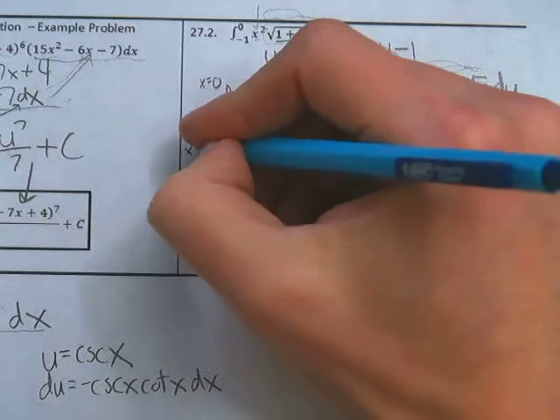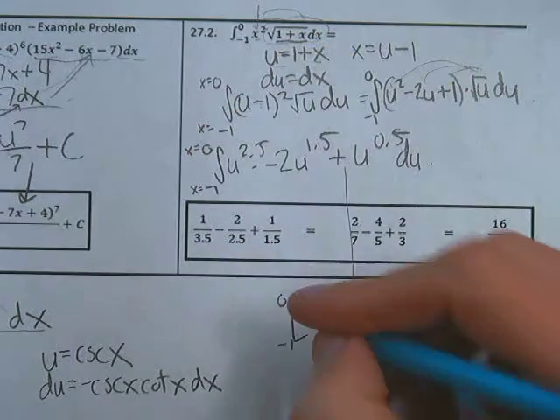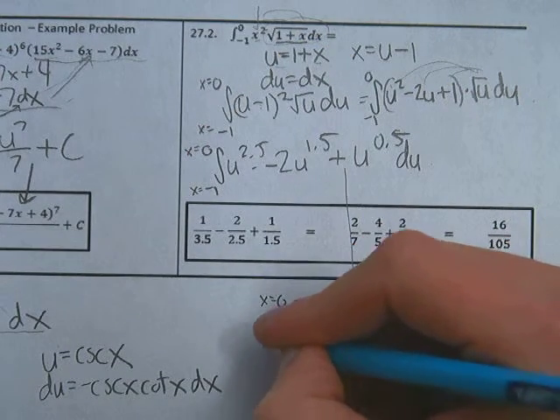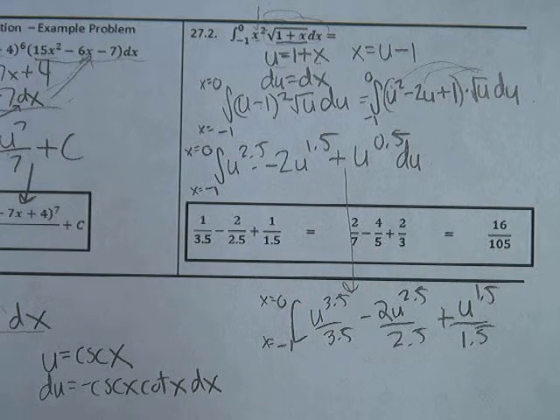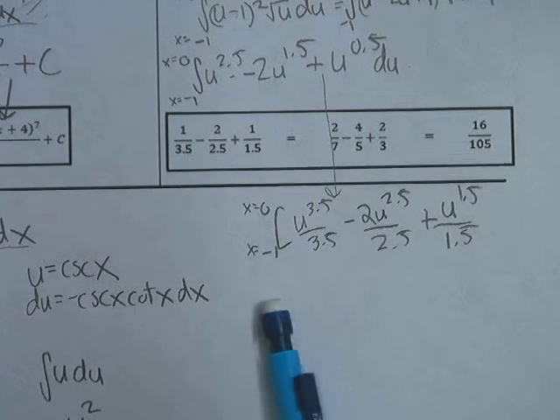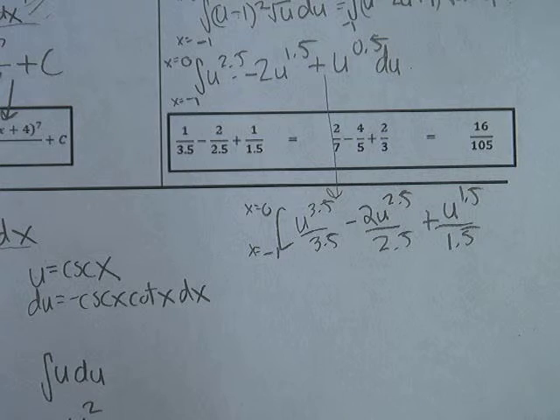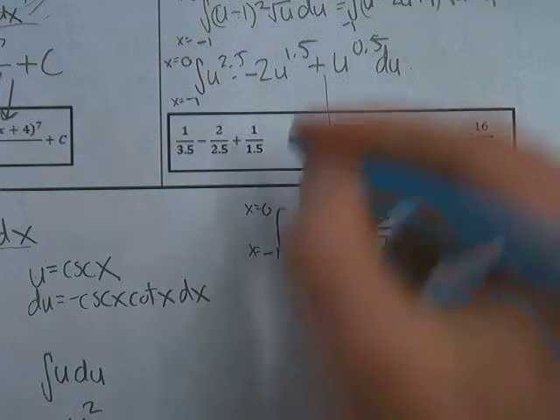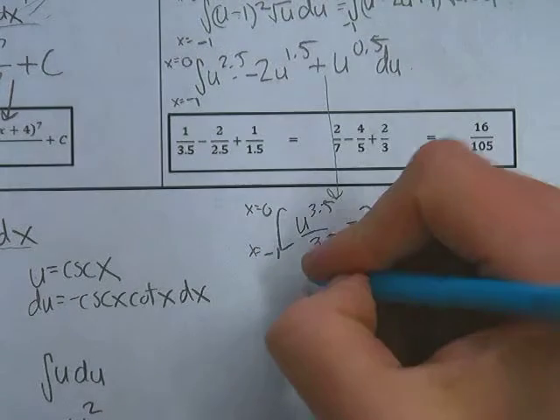And so we could go through this problem and do all this. And this might remind you at this step to go, oh, I should rewrite this in terms of x now. So I need to plug in 1 plus x every time there's a u.